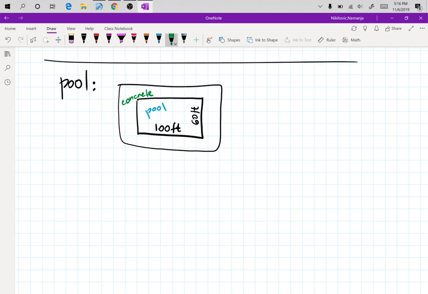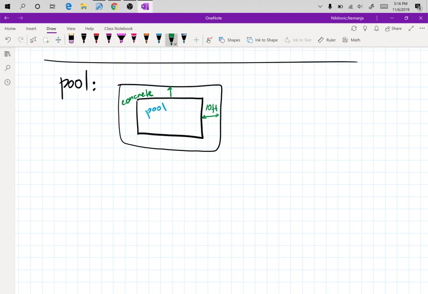We want it so that this over here is at least 10 feet, and we want this, no, I'm doing this, we're looking for this.